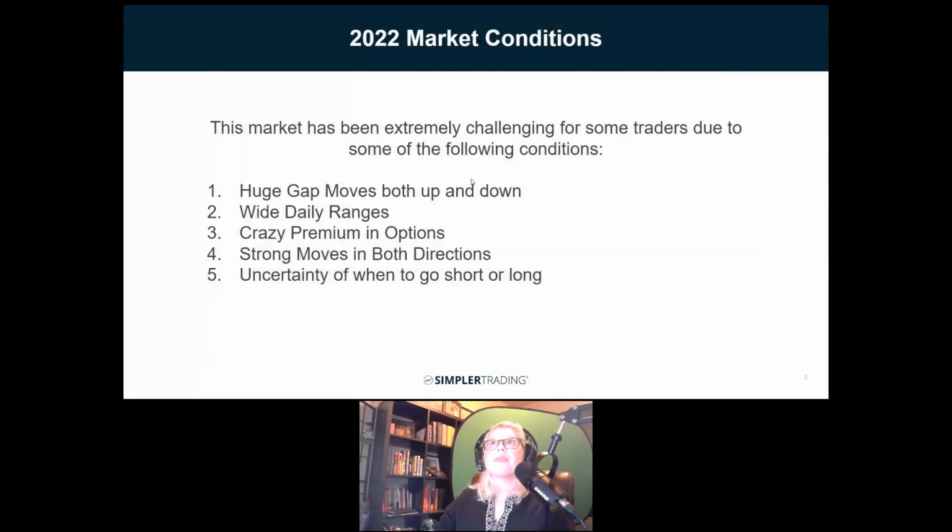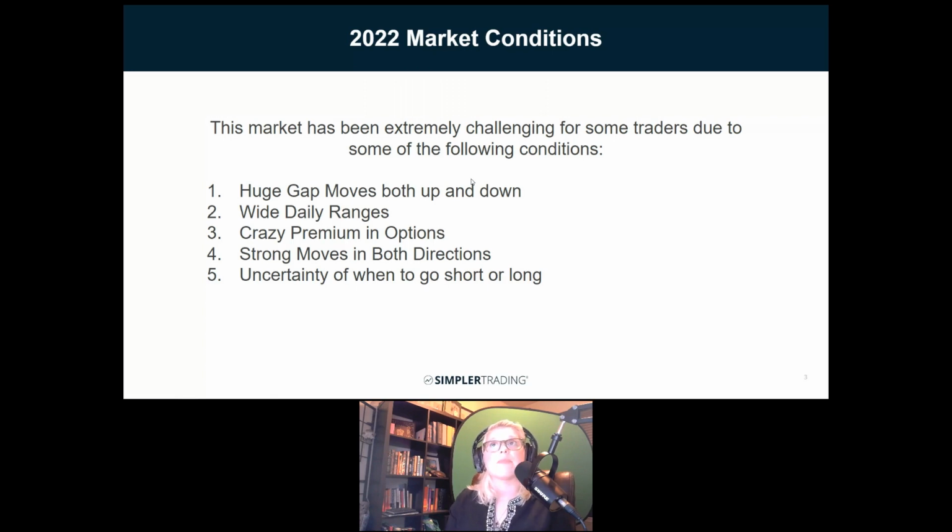So 2022, right? It certainly had some interesting market conditions, maybe brand new to some of you traders, even if you've been trading for a couple years. And this market has been extremely challenging for some traders due to some of the following conditions: huge gap moves, both up and down, wide daily ranges, crazy premium in the options, which has spiked up and made things a bit more expensive in this market.